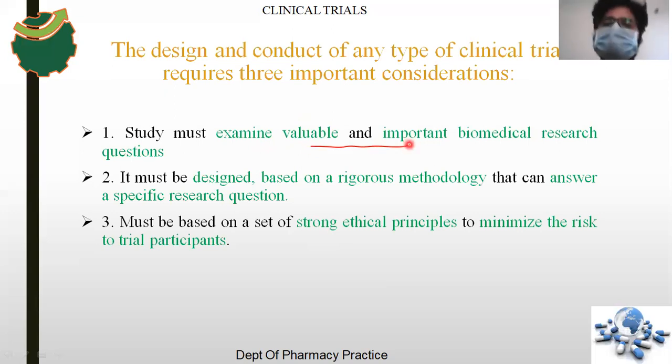So your clinical trial must have the capacity to examine the important question. Suppose the title of your project was, can ranitidine cause tumor growth, or can ranitidine increase the chance of getting a tumor? If that was your question, your protocol and research study should have the capacity to find out whether it really can cause a tumor or increase the chance of getting one. This should be there.